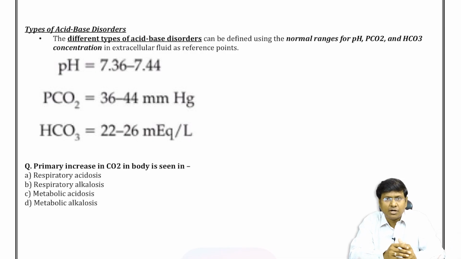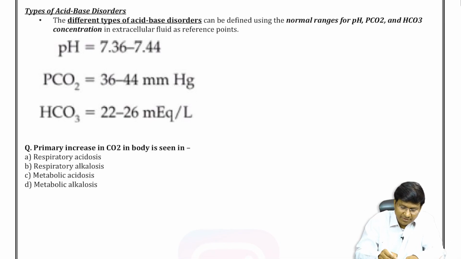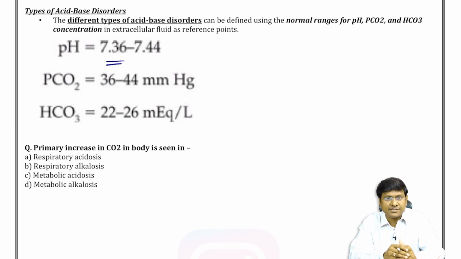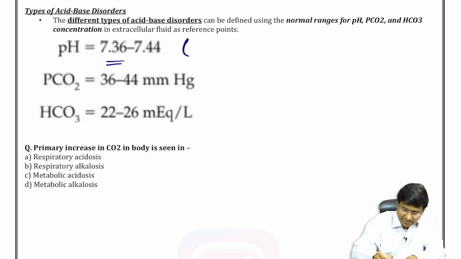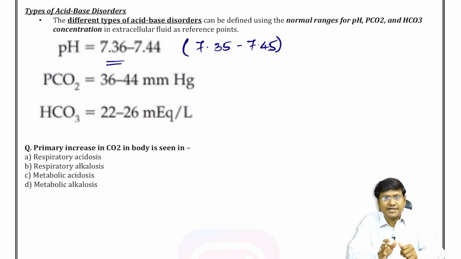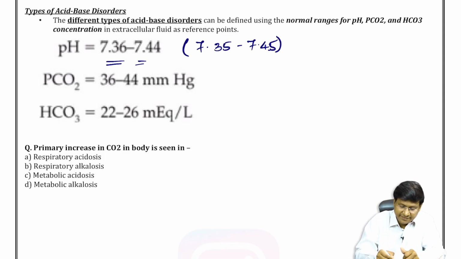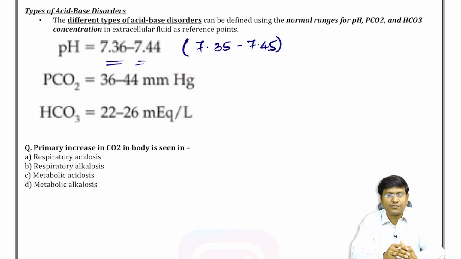Now, what are the normal values? The normal pH is 7.36 to 7.44, and some books mention it as 7.35 to 7.45, right? But in the standard ICU textbook, Paul Marino, the value given is 7.36 to 7.44.